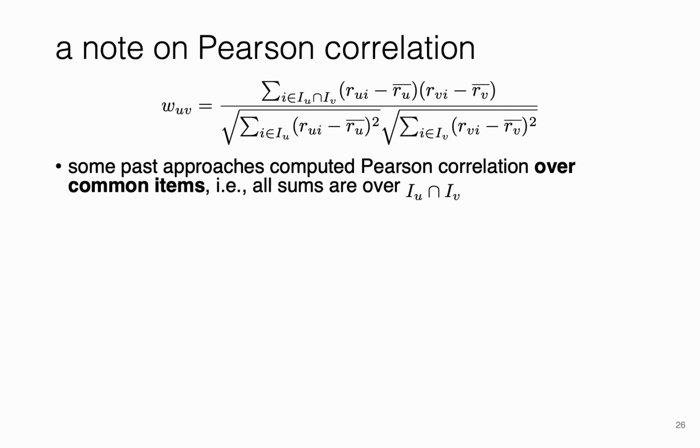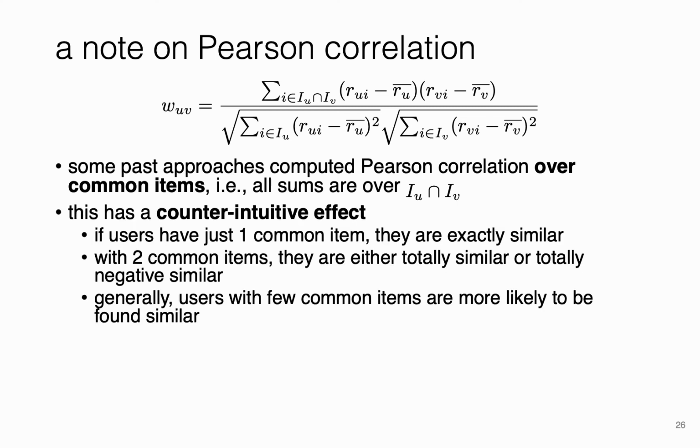For one, if the users have just one common rated item, the users are perfectly similar. Clearly, this is not what we want. Another problem is that with only two common items, the users are again perfectly similar, either positively or negatively. In general, if there are only a few rated items in common, the similarity tends to be high.